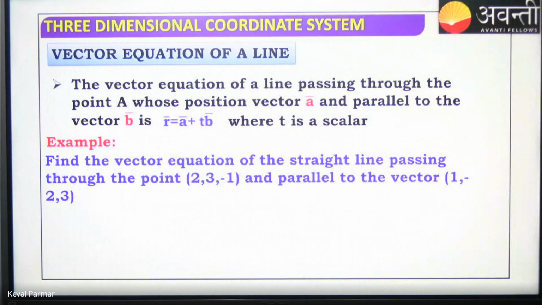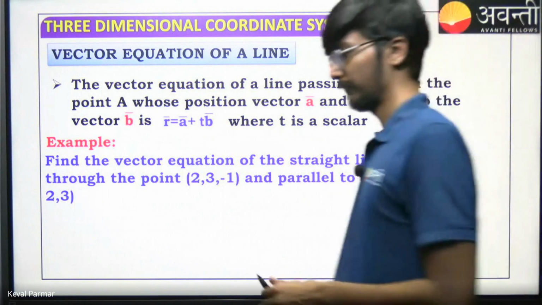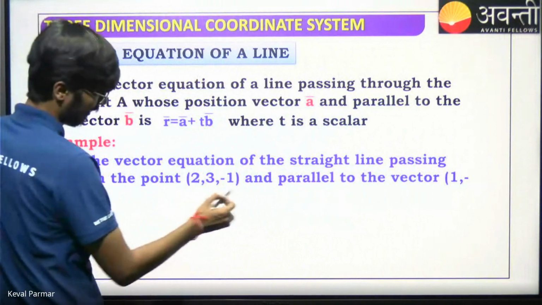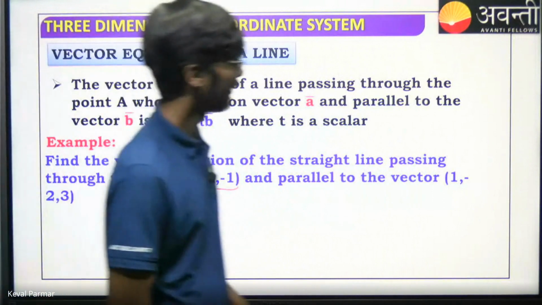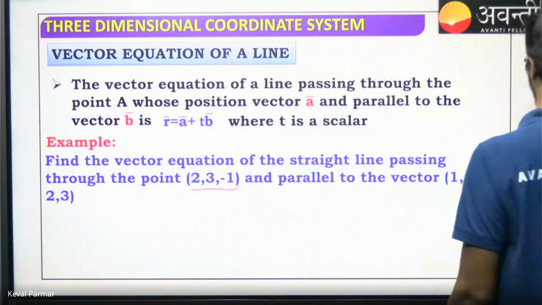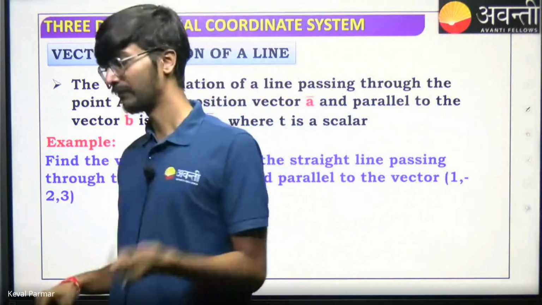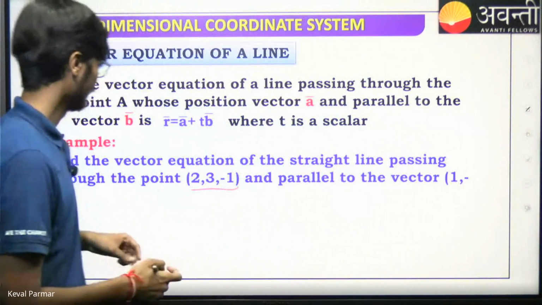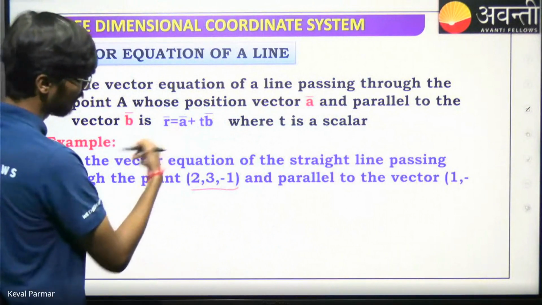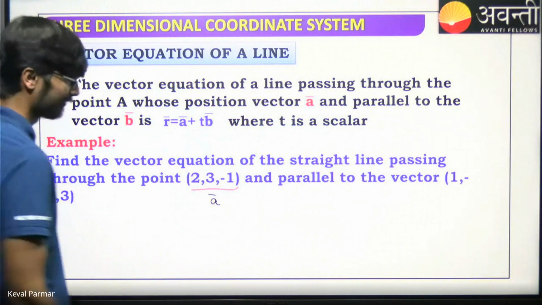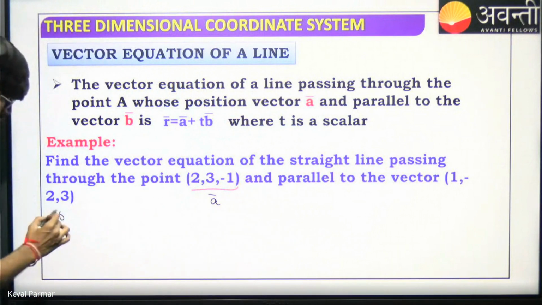Chalo. So let's see the vector equation of line. Here, this is the point. Now I can write this point in vector form, that means in terms of i, j, and k. So we just substitute the values. This is the a vector, and this is the b vector.